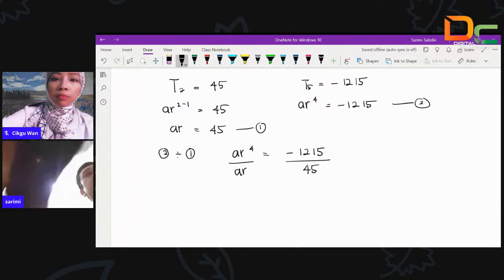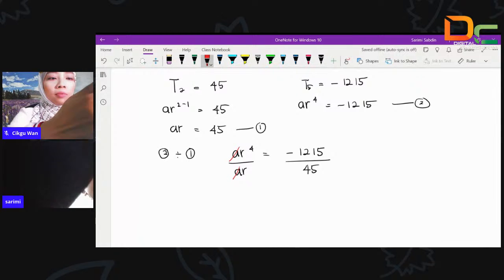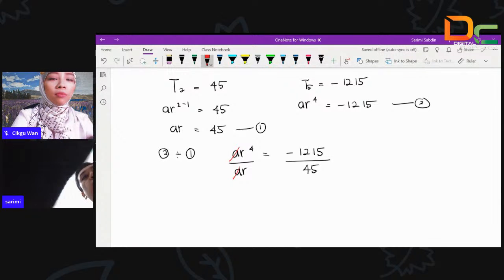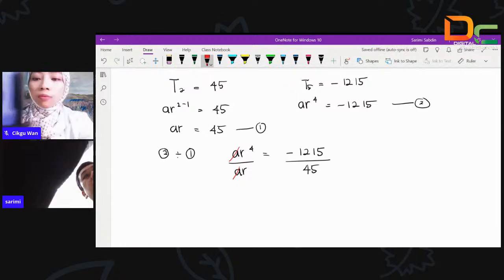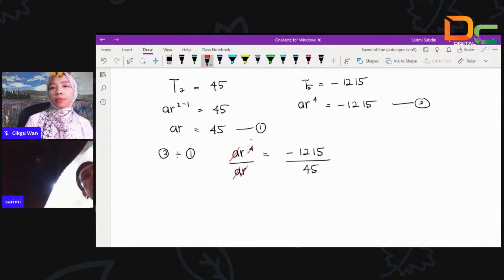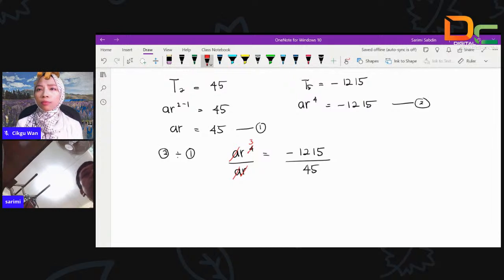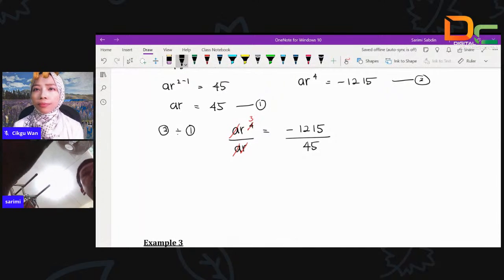On the left-hand side, we can eliminate A because A over A is 1. Also at the denominator we have R, so we can eliminate one R from the top. That leaves R cubed at the numerator. Negative 1215 divided by 45 is negative 27, you can calculate using your calculator.